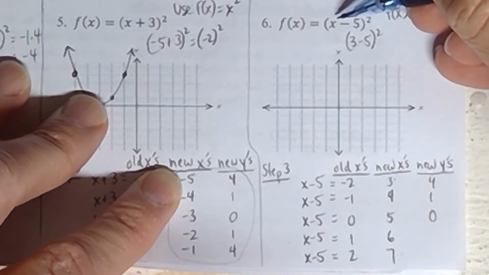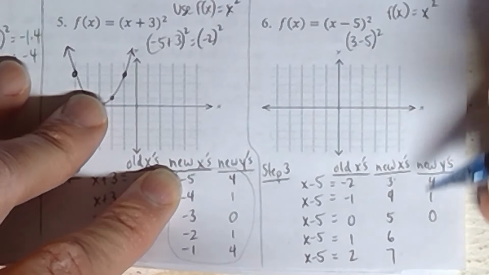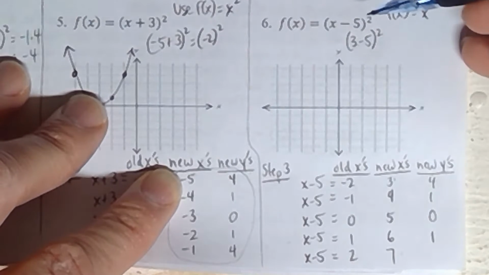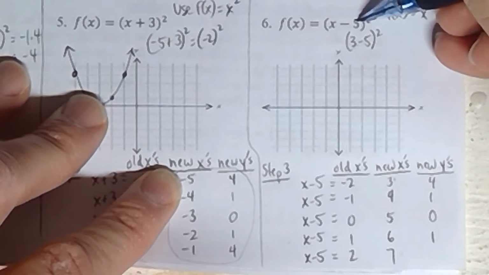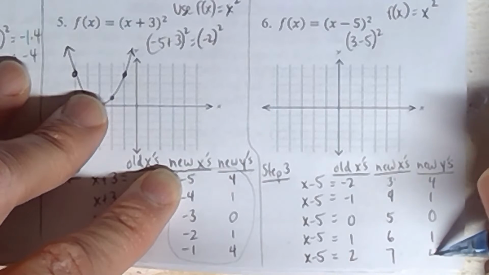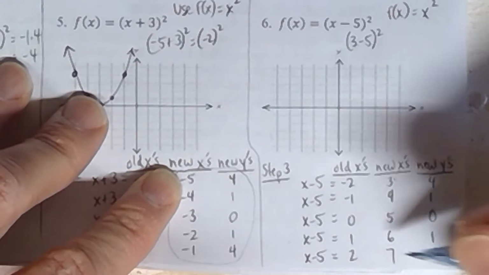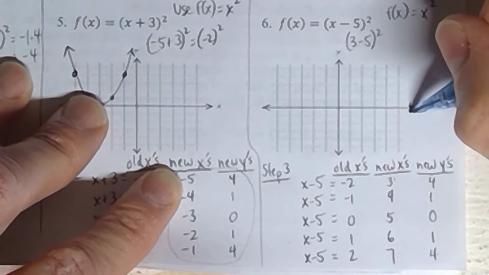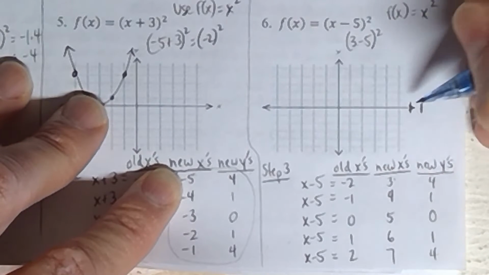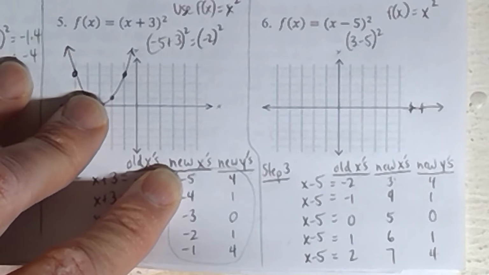If I plug in 6, I get 6 minus 5, that's 1, and 1 squared is 1. And finally, if I plug in 7, I get 7 minus 5 squared, that's 2 squared, which is 4. Now 7 goes a little bit off the page here, but not that far, so I'm just going to move it over here instead of changing the scale.